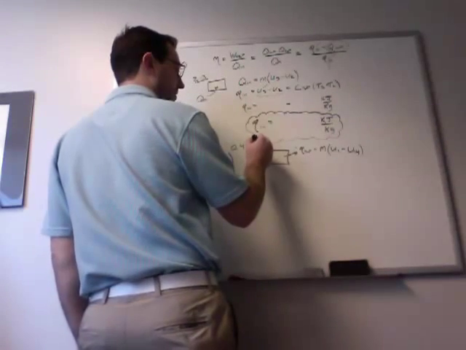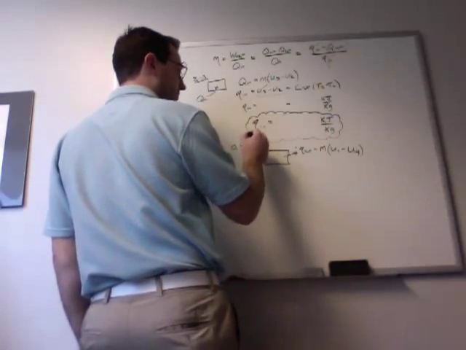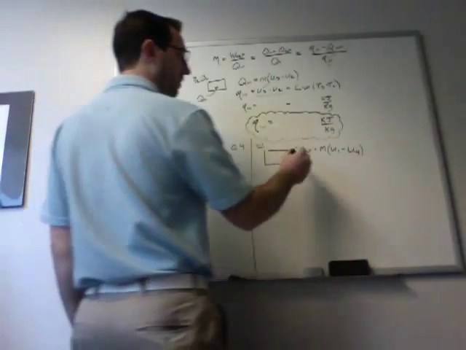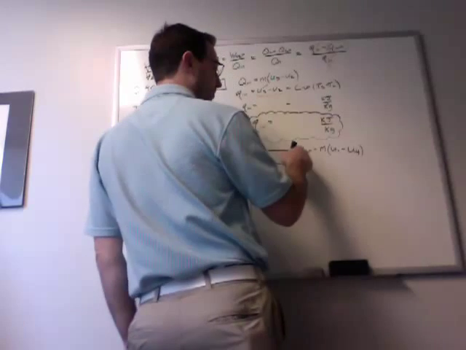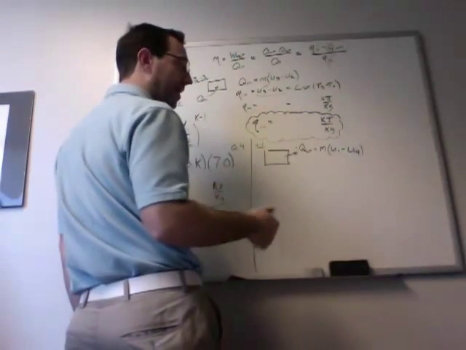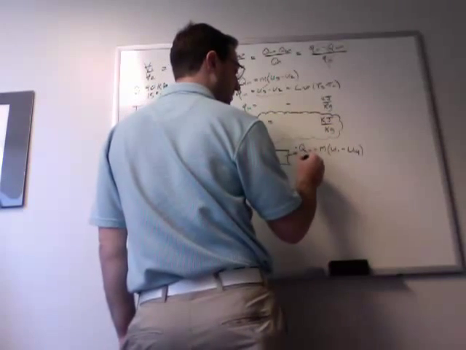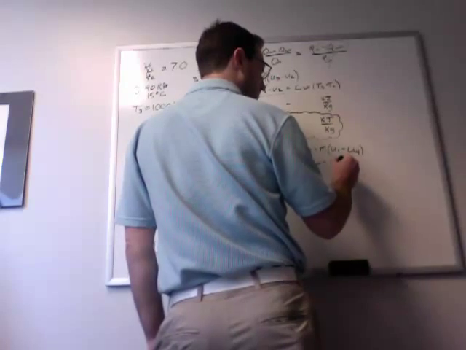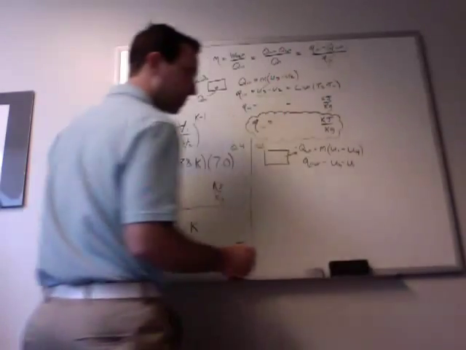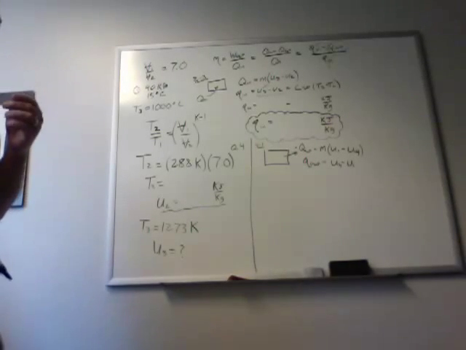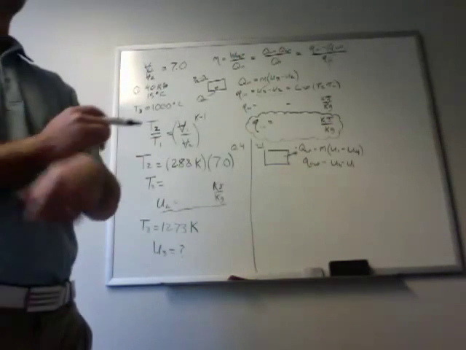This is for the process 4 to 1. If I solve it for capital Q out, sorry, if I divide by mass and then solve it for lowercase q out, it's just going to be U4 minus U1. I know T4, so I can get U4. I know T1, so I can get U1.